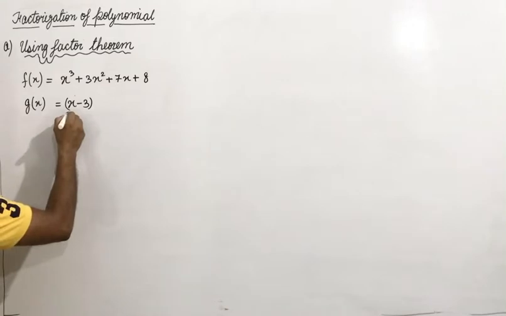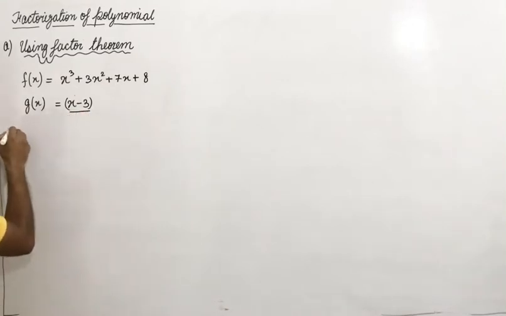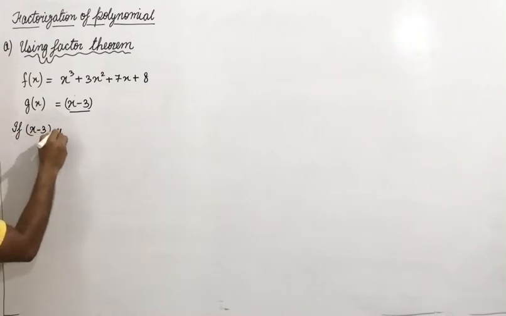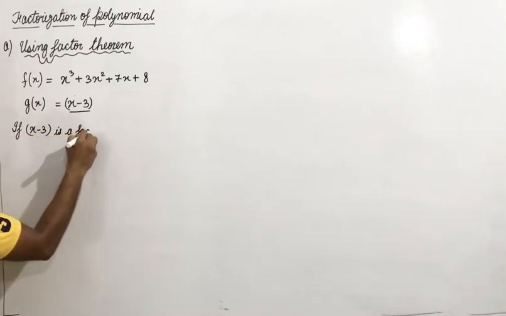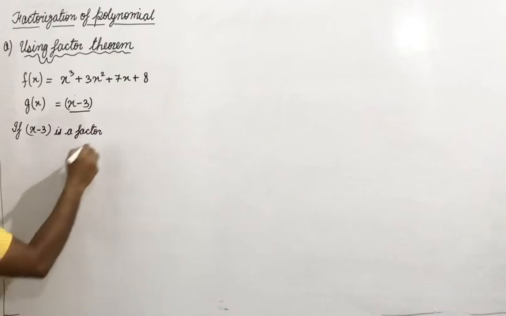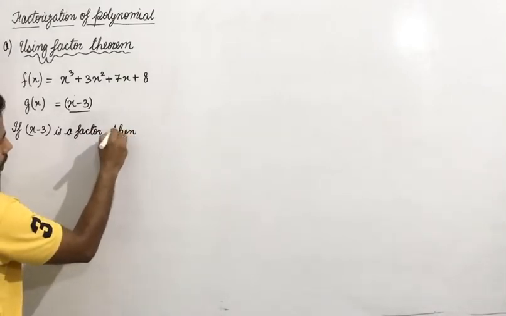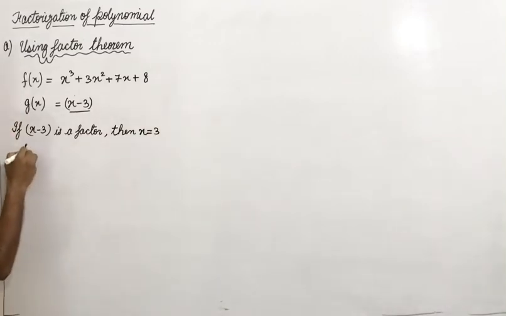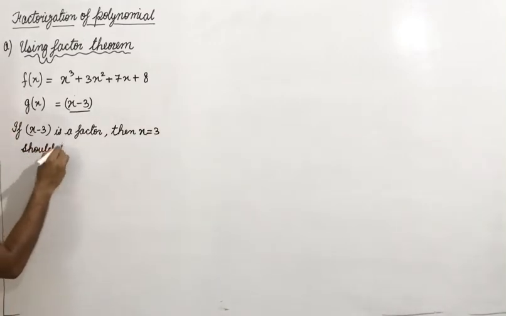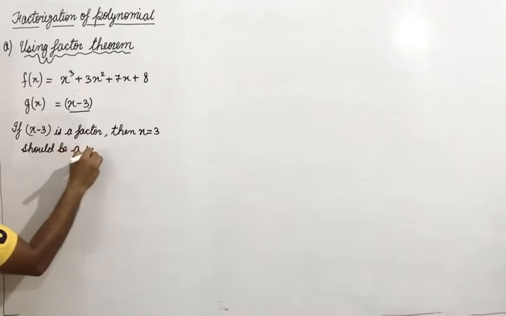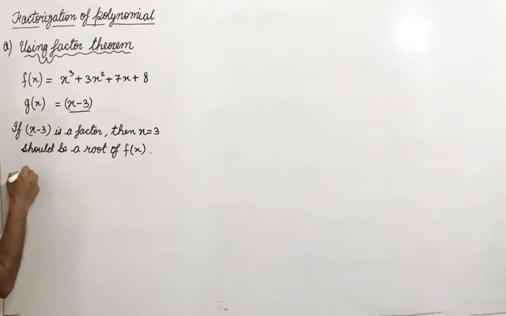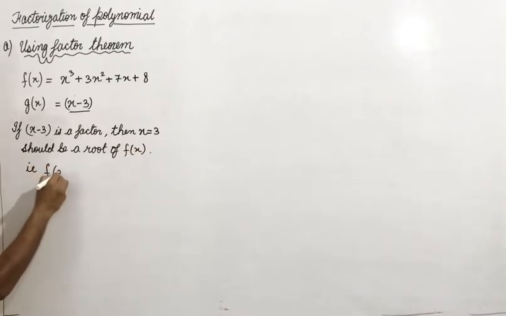So if x minus 3 is a factor, then x equals 3 should be a root of f(x), that is, f(3) should be 0.